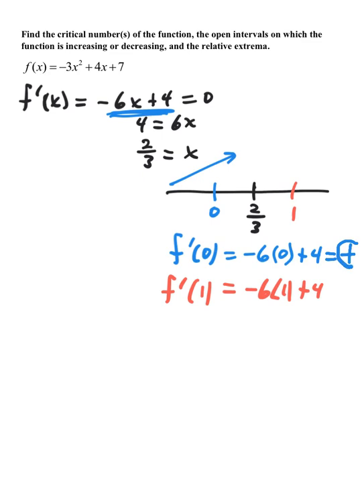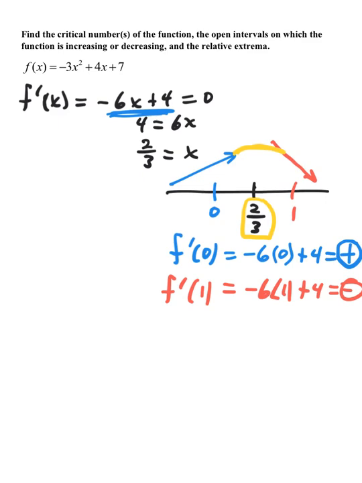I meant to just write positive. There we go. That's a quick fix. And this one is negative. So our function is decreasing on this interval. Now, anytime you go from increasing to decreasing, you've created a hilltop at that critical number.